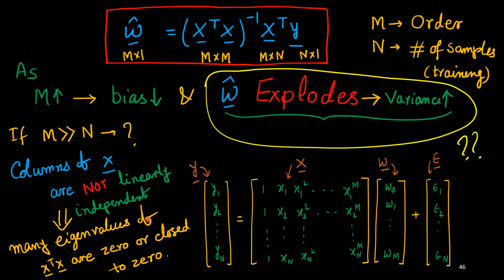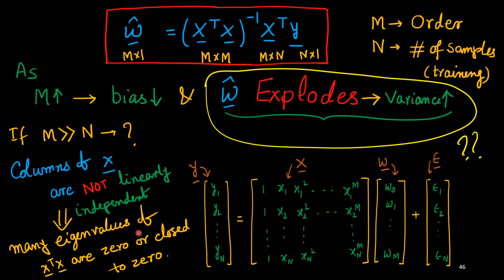Okay, so we can also understand these things using eigenvalue decomposition. We can consider this as U lambda U transpose, and I said that lambda is a diagonal matrix containing all the eigenvalues.